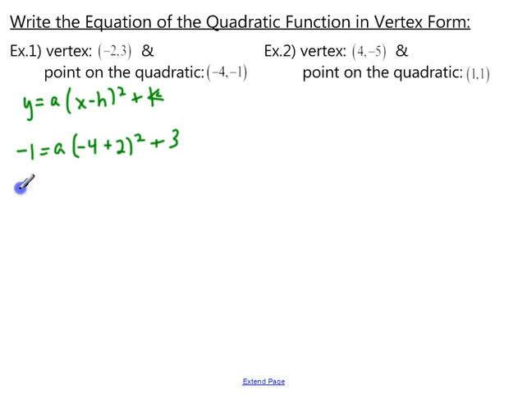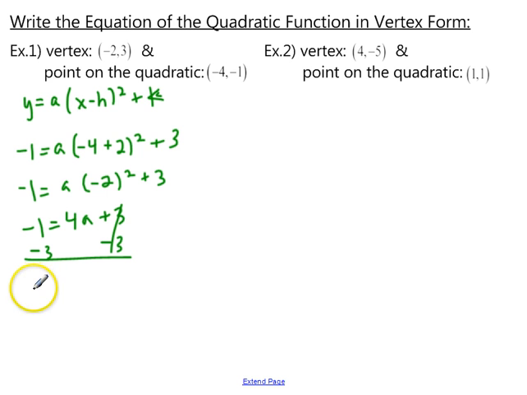Now let's solve for a. -1 = a times (-4 + 2), which is -2, squared, plus 3. Again, -2 squared is positive 4. So we have 4 times a, plus 3. Let's subtract 3 from both sides, and then we get -4 = 4a.